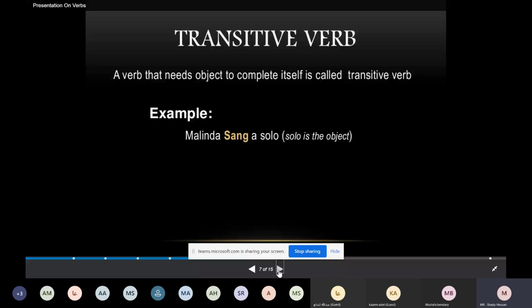So we have to get a word after this verb in order to complete the meaning. So you can say the boy stole a bag. Here we've got a transitive verb because the verb cannot go like this without an additional word or word group to complete the thought or to complete the idea.